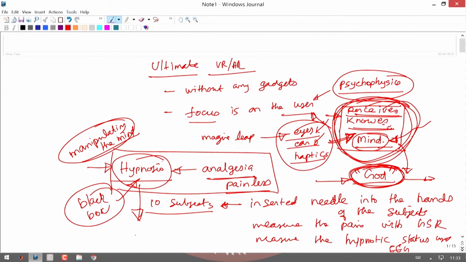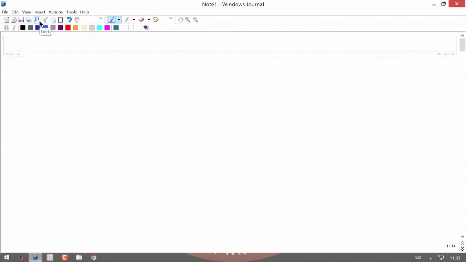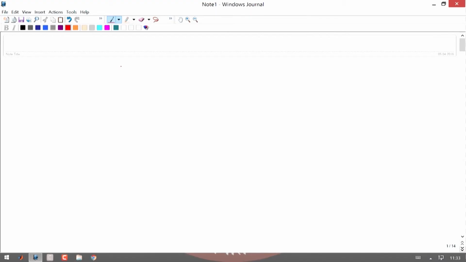A similar experiment was done by our collaborator, in the psychology department at Harvard. He has done a very interesting experiment in which he showed black and white photographs to subjects.